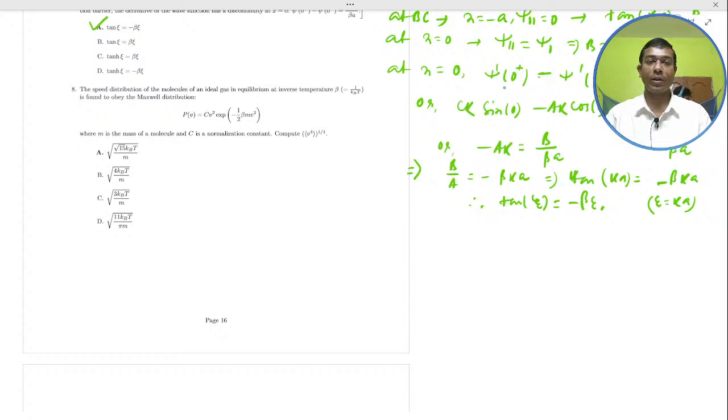Where m is the mass of the molecule and c is the normalization constant. Compute v to the power 4, to the power 1 by 4. Now just calculate.